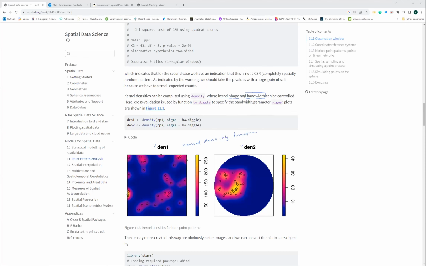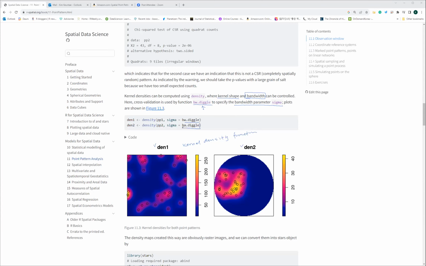But how can we define that bandwidth? There is a parameter called sigma, and there is also a function called bw.diggle. This is one way we can define the sigma value.